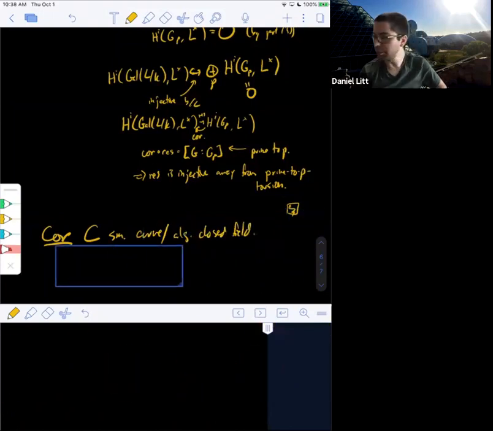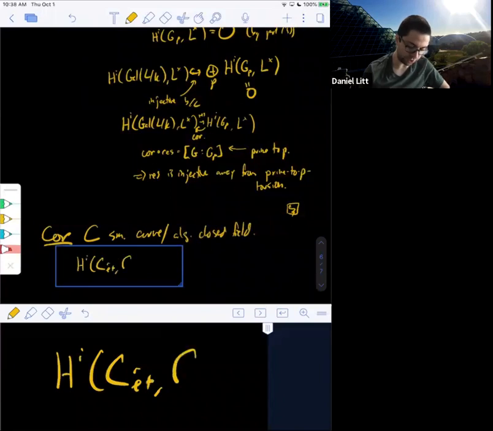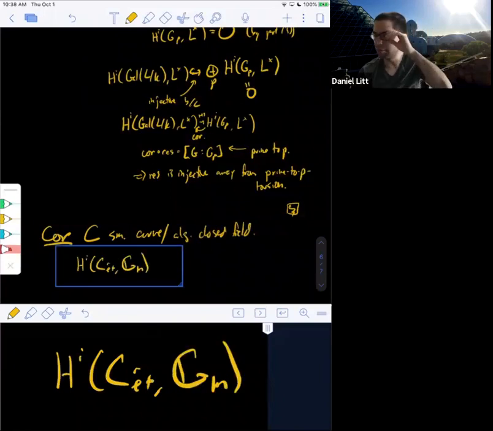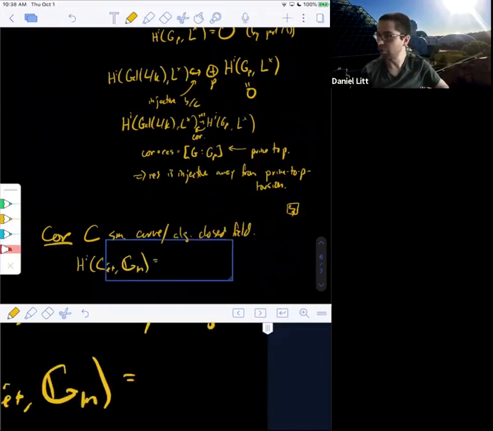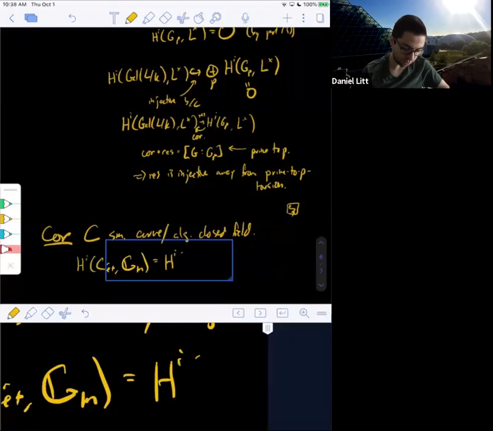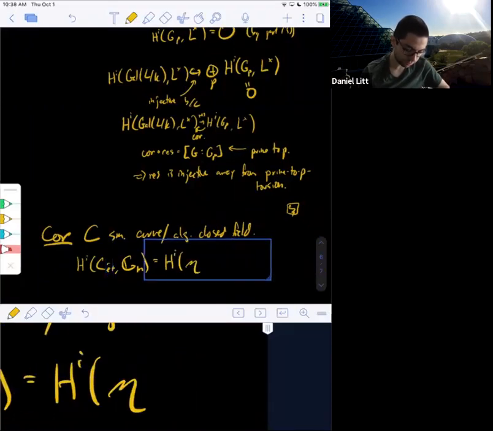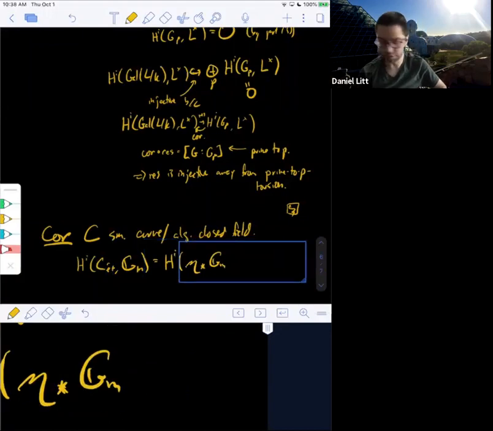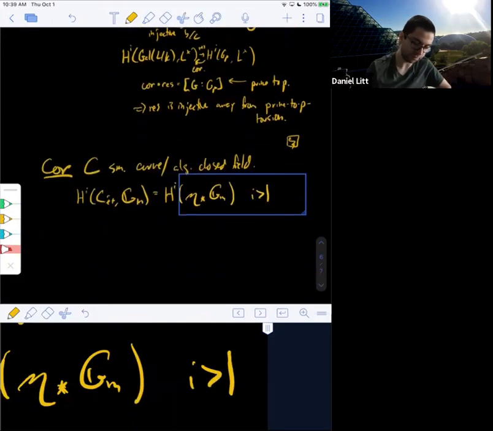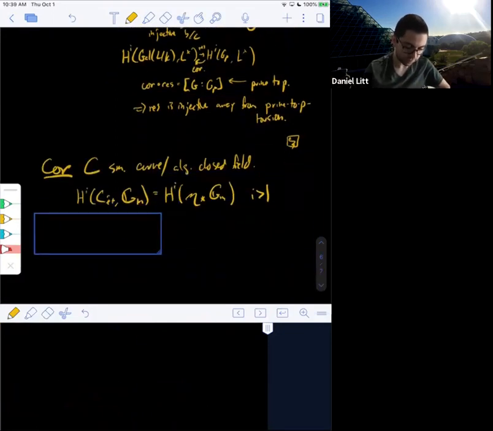So before we showed that the cohomology of C Étale with coefficients in G_m, well, first of all, I claim this is equal to the cohomology of the push forward of G_m from the generic point for i bigger than 1. Okay? Can anyone tell me why this is true?